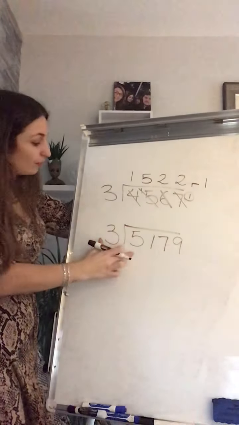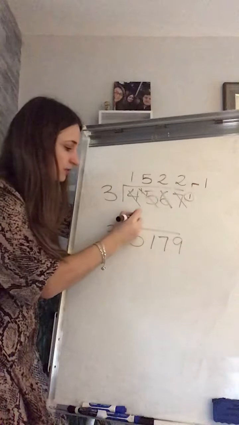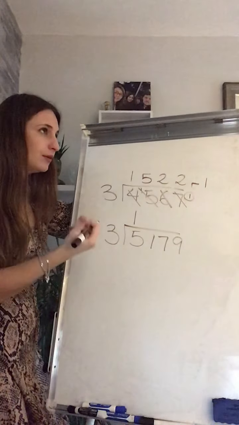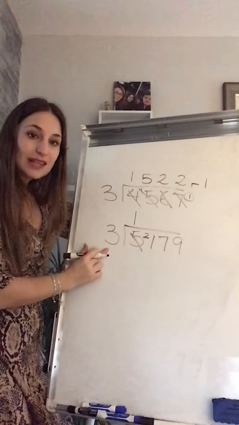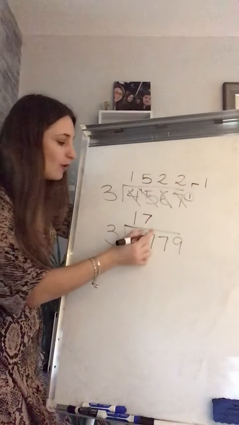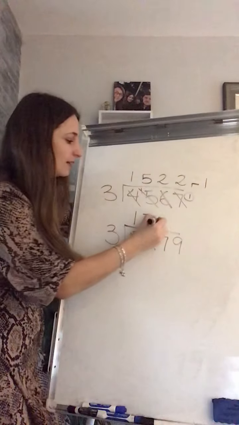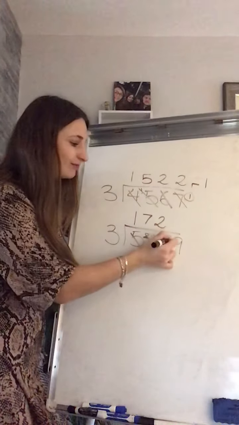So I have 5 divided by 3, which I need to just choose 1. 1 times 3 is 3, 4, 5, I carry 2. 21 divided by 3, yeah, 7. 7 times 3 is 21. Now I have 7 divided by 3. 2 times 3 is 6, 7, 1. Aha.